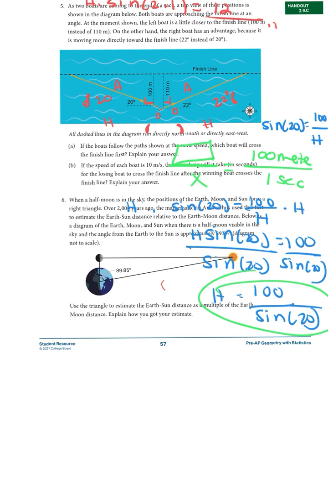Below is a diagram of the earth, moon, and sun when there is a half moon visible in the sky, and the angle from the earth to sun is approximately 89.85 degrees. Use a triangle to estimate the earth to sun distance as a multiple, so key words here, as a multiple of the earth to moon. So from earth to sun is a multiple of the earth to moon.